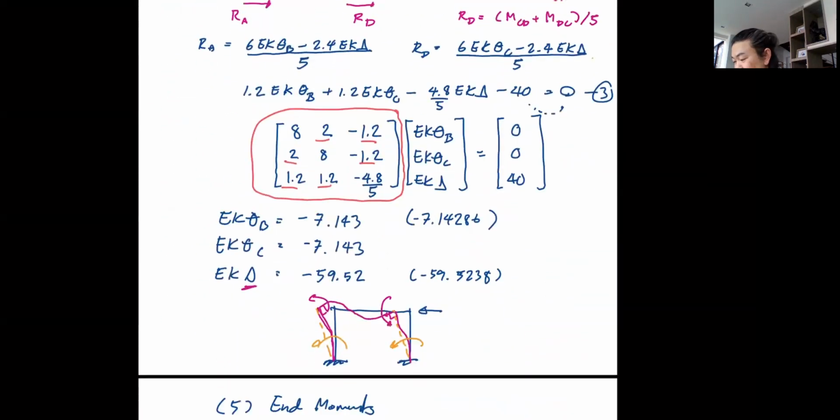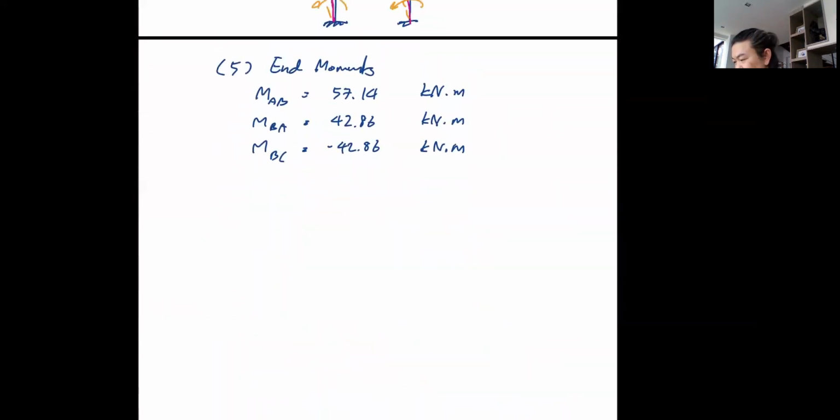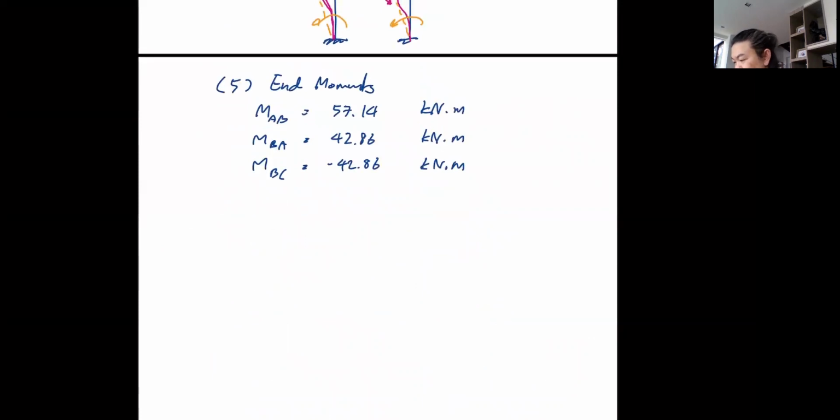All right, and now I think the thing is pretty simple by now. Oops, it's the wrong one. So your MAB, now that's clockwise, okay? MBA is also clockwise because your column moves to the left, right?